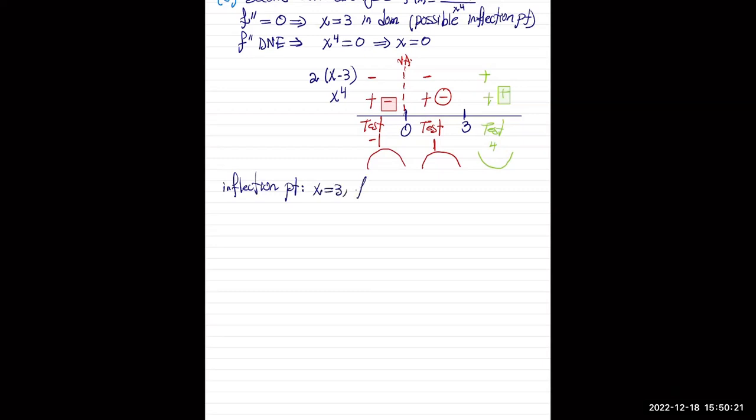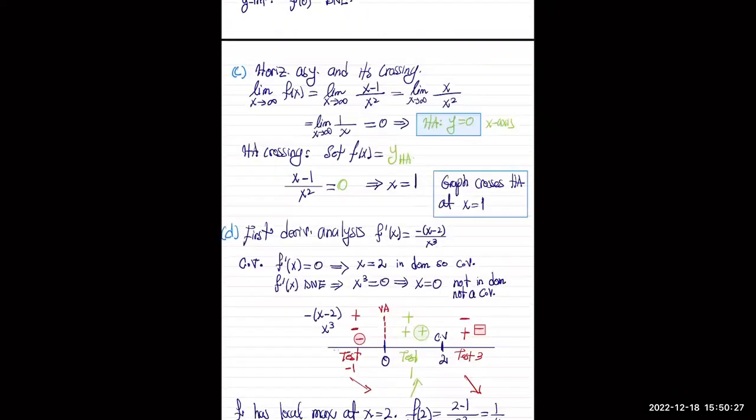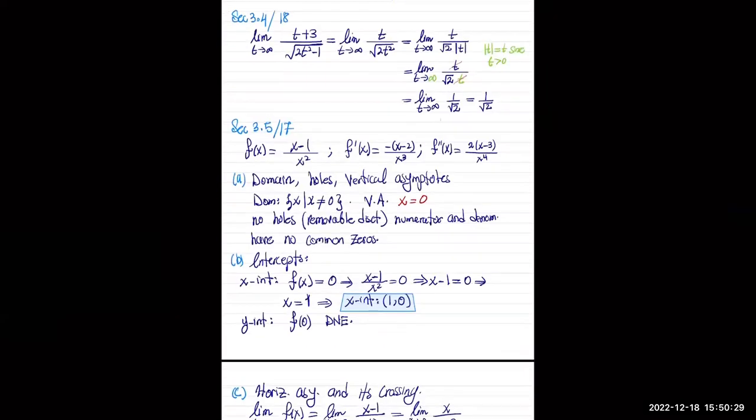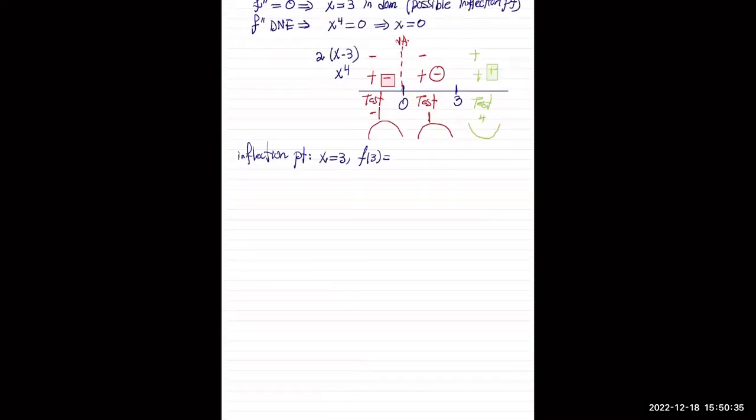Also need f of 3 because it's a point. We need to locate it. Plug 3 back in the function. 3 minus 1 over 3 squared, which gives us 2/9.